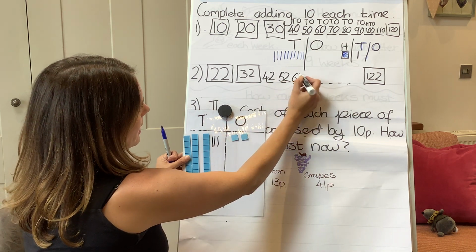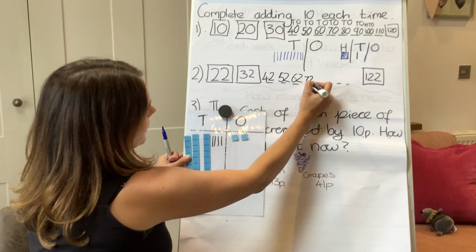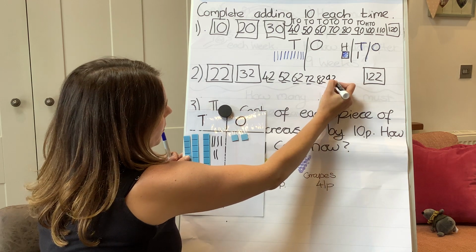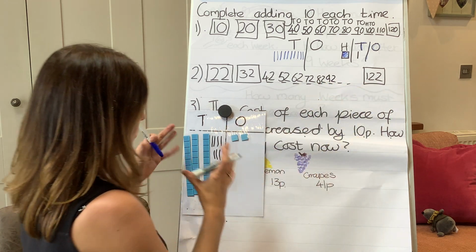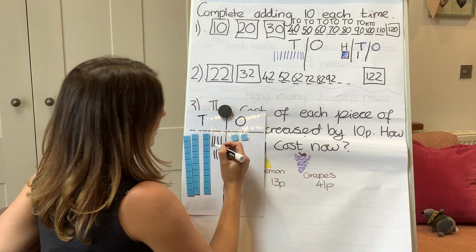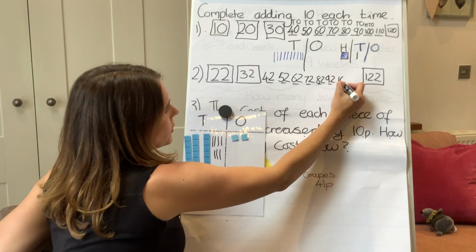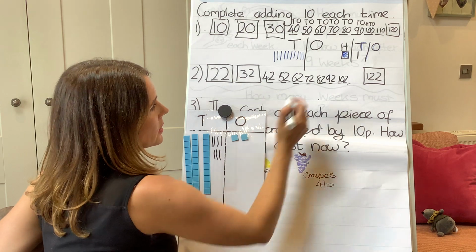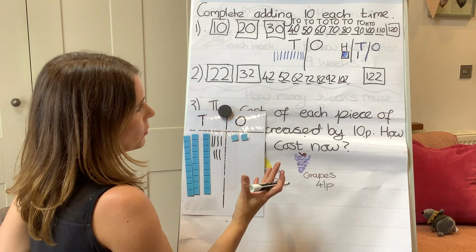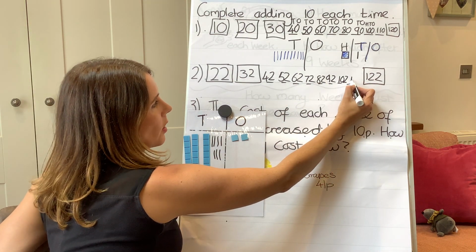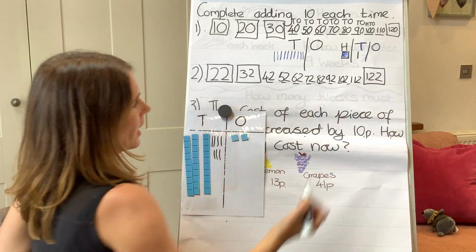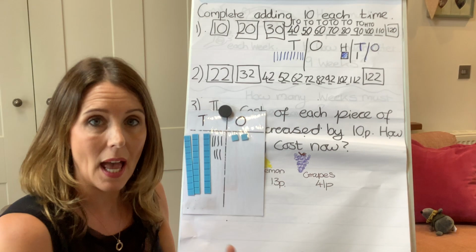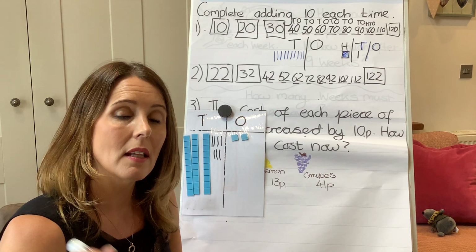Then it's 62, 72, 82, 92, and then we've got 10 tens here, so it goes 102 because the ones digit remains the same. We've got 102 and we add another 10 on, we have got 112.